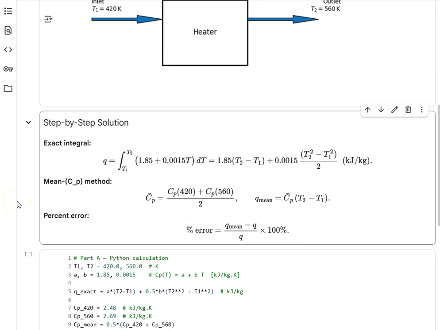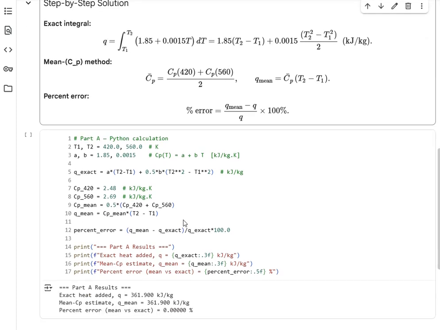Now let's jump to Python to verify the result. We define T1 and T2 as 420 and 560 Kelvin, and here A and B, so that is 1.85 and 0.0015, the coefficients in the equation Cp of T equals A plus B T. Now Q exact we can calculate as A times (T2 minus T1) plus the second term.